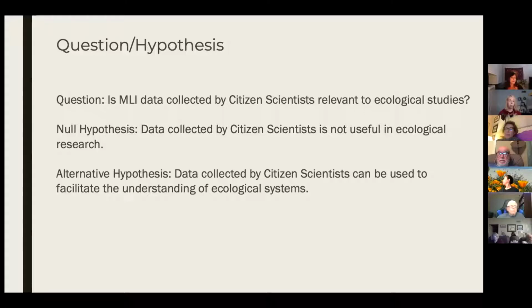And to be honest with you, as a scientist, and watching how the students enter the data and knowing how my students work with data, I would support the null hypothesis. I would anticipate the null hypothesis of, yeah, there's going to be too much variation for us to be able to use this data. The alternative, of course, is that the data collected by citizen science can be used to facilitate the understanding of these systems.